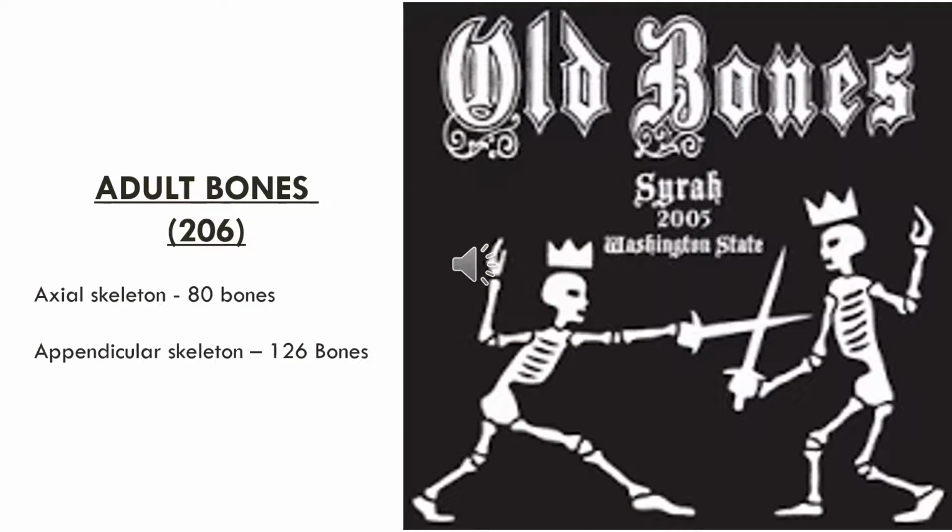The human adult skeleton consists of 206 bones total. The axial skeleton makes up 80 of those bones, and the appendicular skeleton makes up the remaining 126 bones.